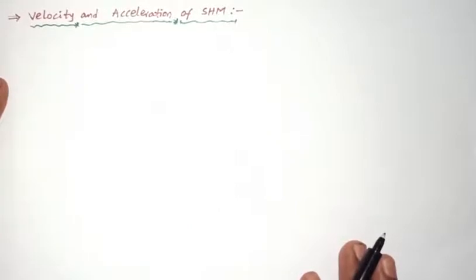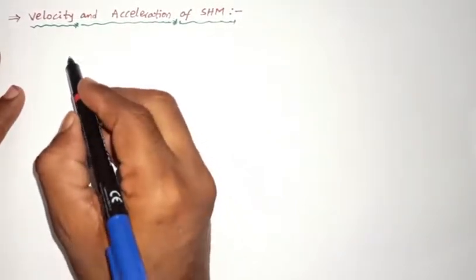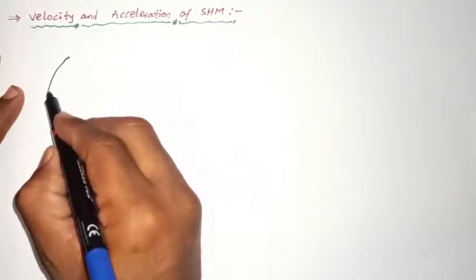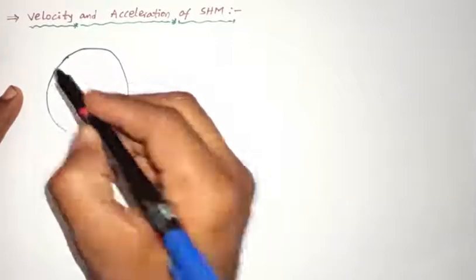So here we consider a uniform circular motion. A particle moves in uniform circular motion.